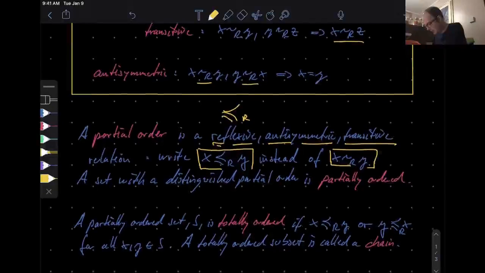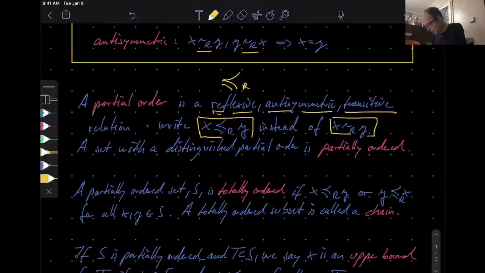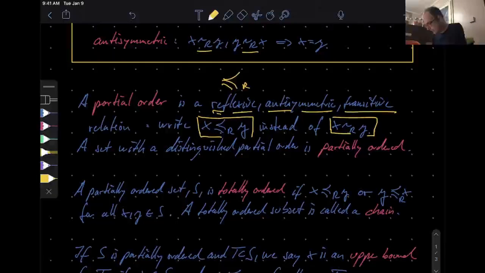Okay, so that's easy. But now we have to assemble, I think I would say, 3 pieces of terminology. Okay, so this needs some thinking and some experience, but let's do it. So in a partially ordered set, it doesn't have to be that 2 elements are necessarily related to one another.